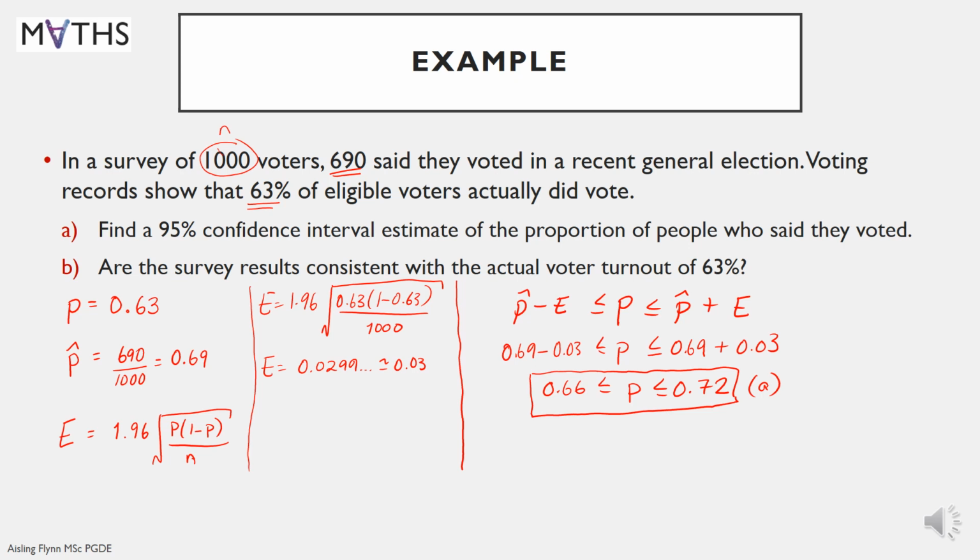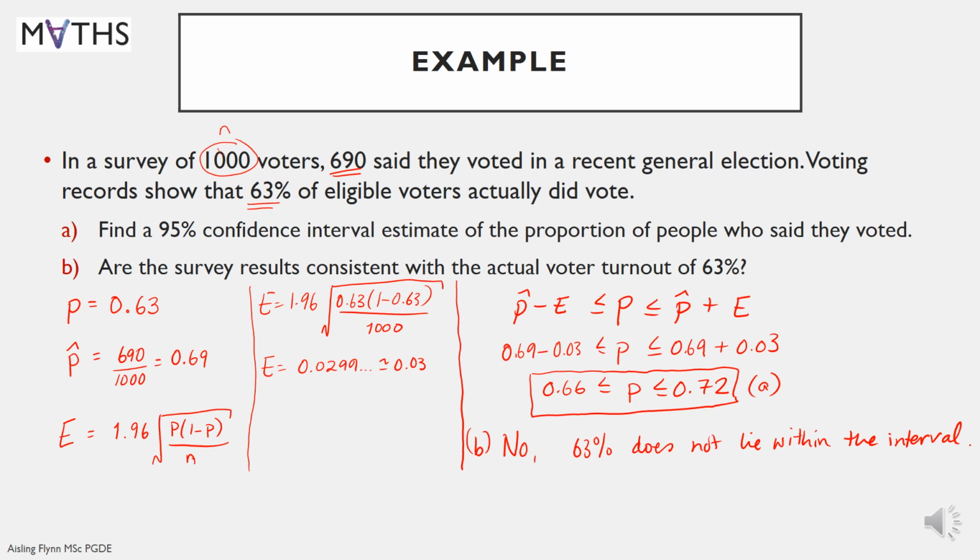So part B asks, are the survey results consistent with the actual voter turnout? And the answer is no. 63% does not lie within the interval. So the sample chosen does not reflect the real population.